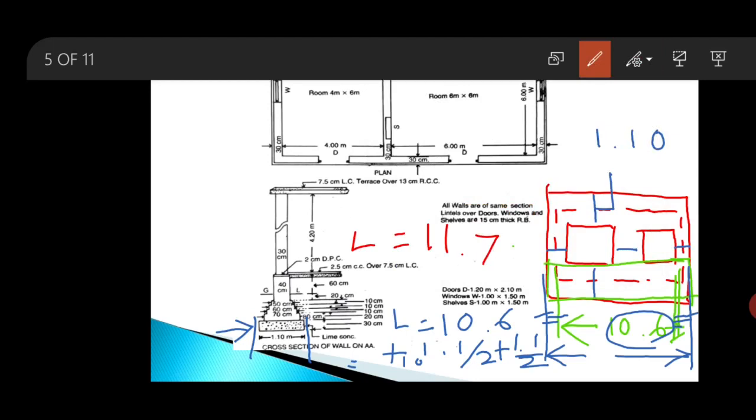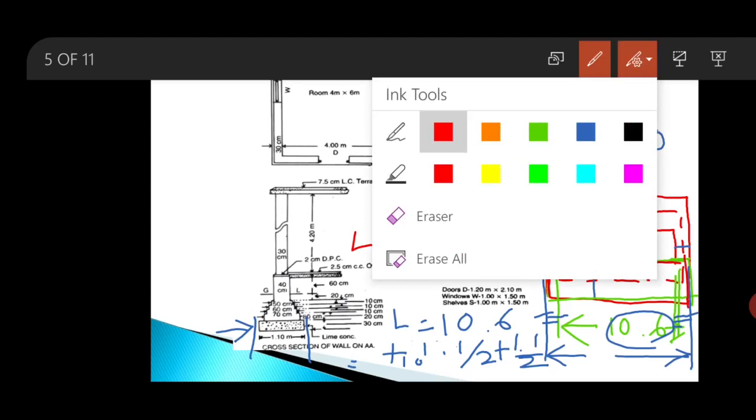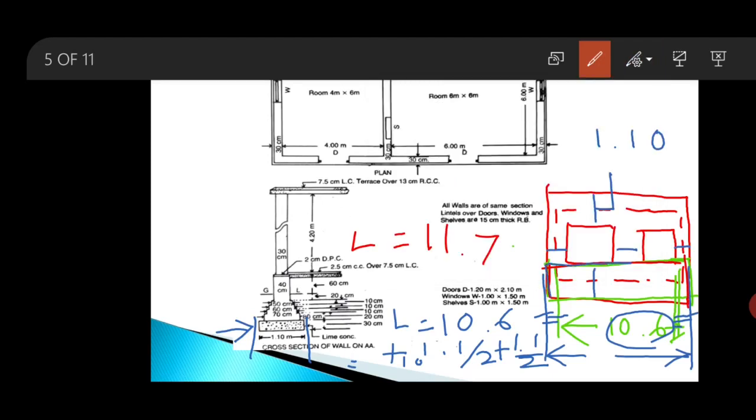And this is the long wall portion. So the next part is the width. This is the width of the work. So this width of the work is how much? This is equal to 1.1.